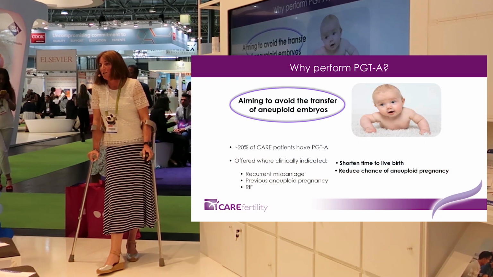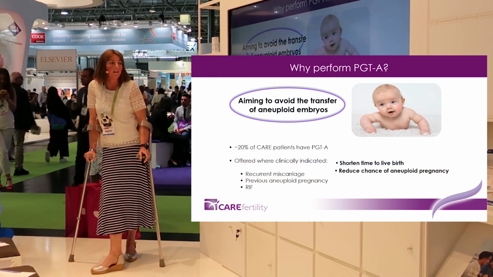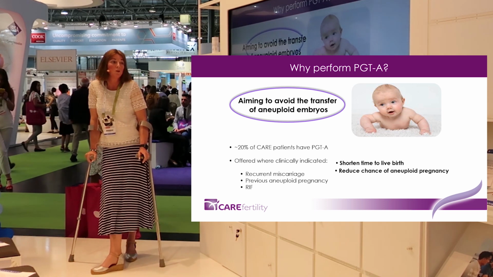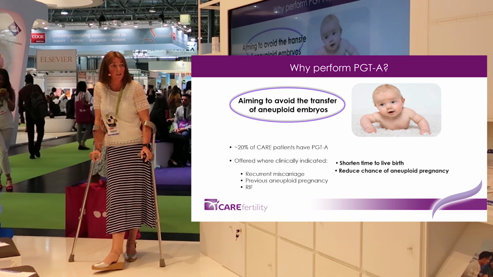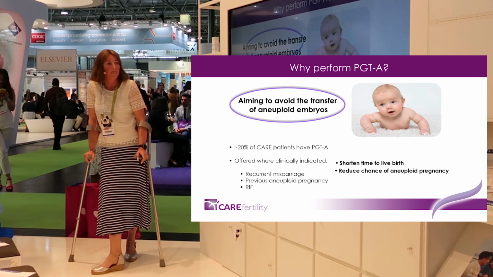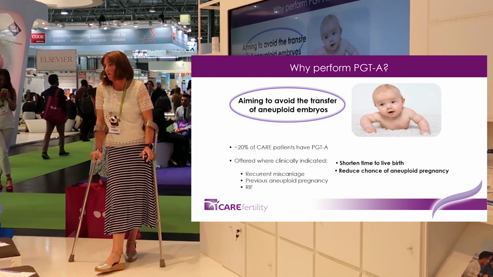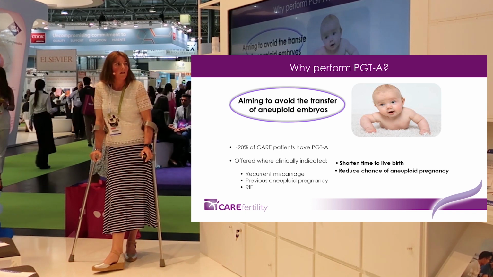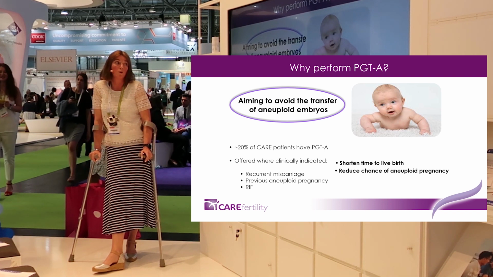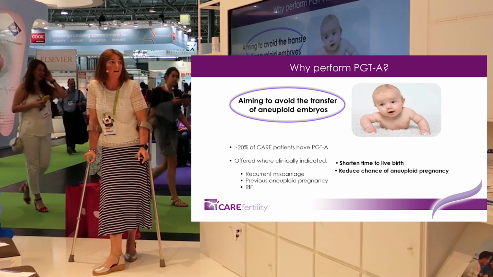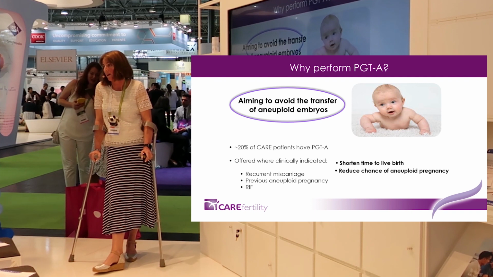So PGTA, the reasons we use PGTA are to shorten the time to live birth and to reduce the chances of an aneuploid pregnancy by aiming to avoid the transfer of an aneuploid embryo.